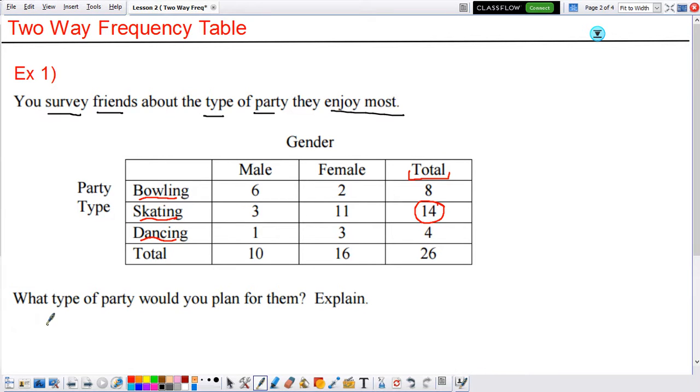Well, you will definitely want to hit a party that will be enjoyable for most of the individuals in your party. So definitely here's skating. So we have skating, and now it says why. Because skating seems like it's the most popular.